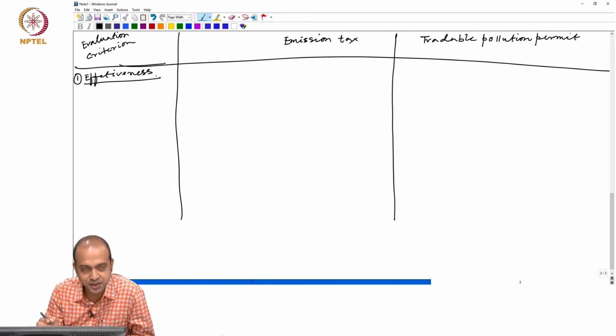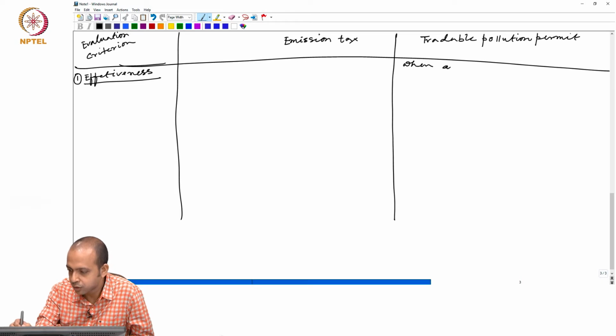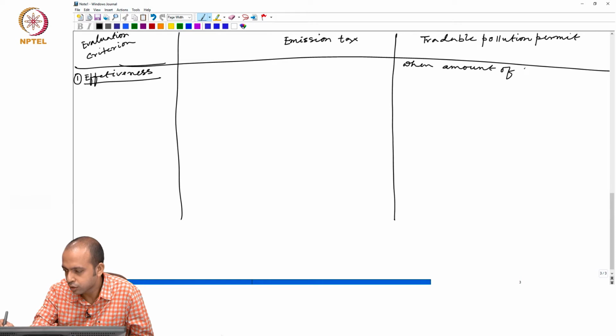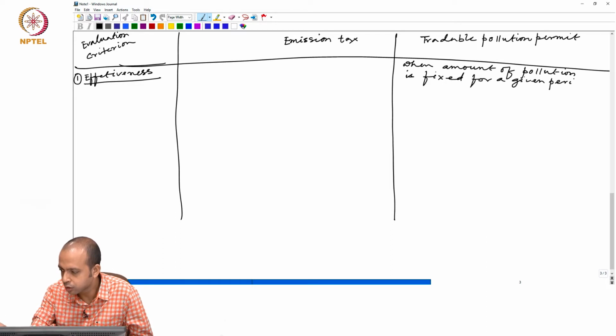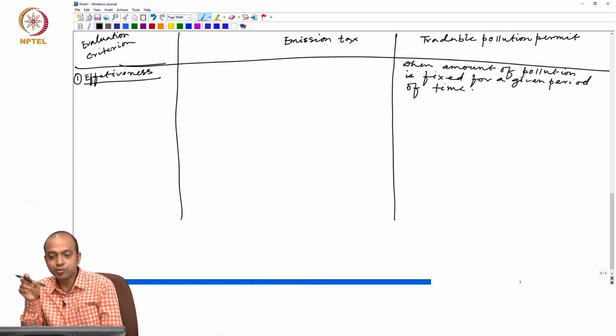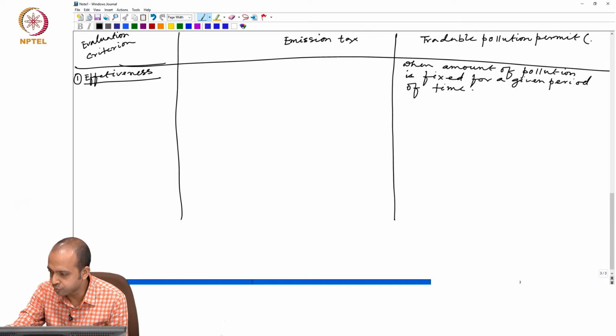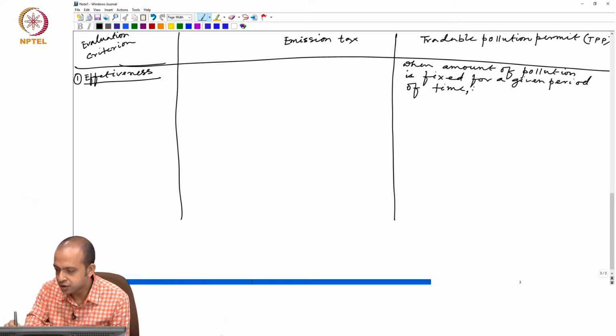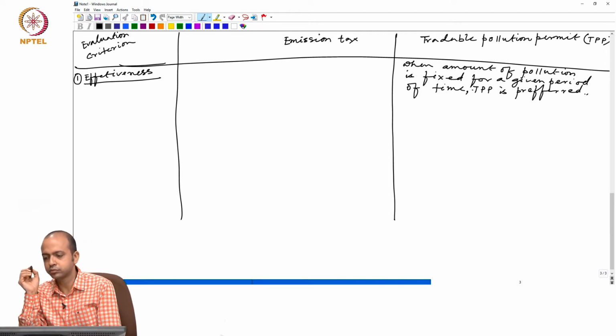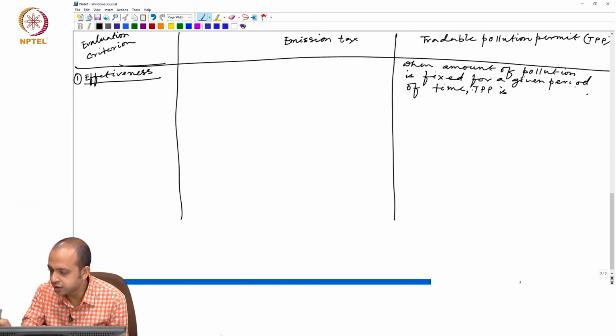So, when the amount of pollution is fixed for a given period of time, what we know is that tradable pollution permit, or TPP in short, is preferred. TPP is more effective.